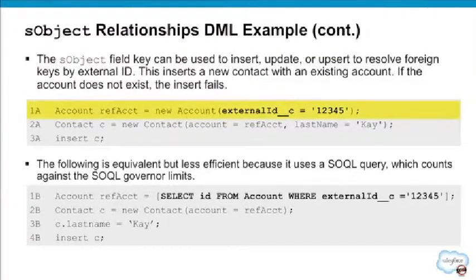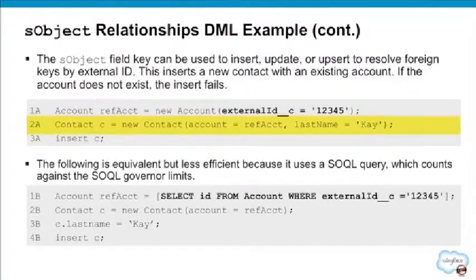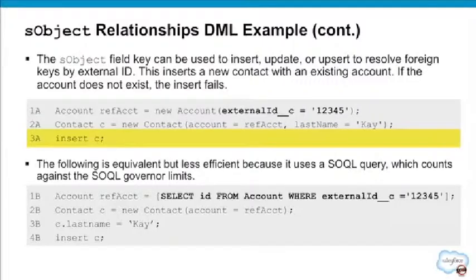So here we have our new account. We're going to instantiate a contact. We can then do an insert of C, and based on the existence of this populated external ID field, it's going to go out and look for a record where the account's external ID equals 1, 2, 3, 4, 5.